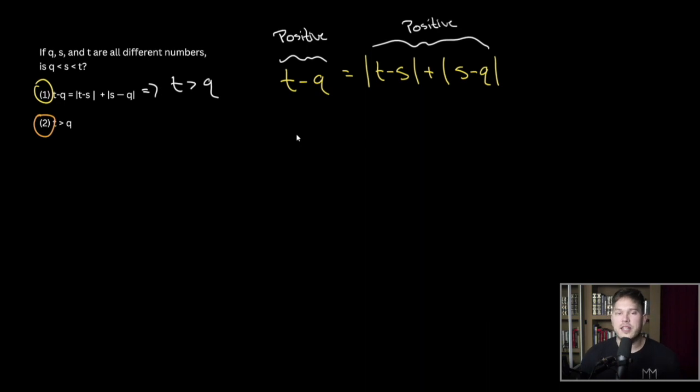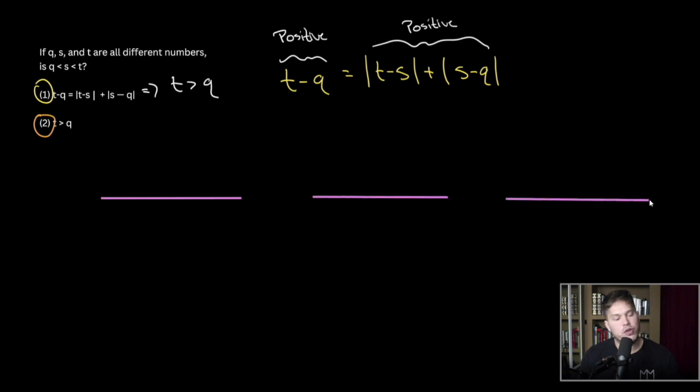So that's fantastic, but we still don't know where S is. So does the right-hand side of our equation give us any insight into where S could be? I think the best way to solve this problem would be to look at a bunch of different number lines and determine which one fits. So here we have a few different options, right?